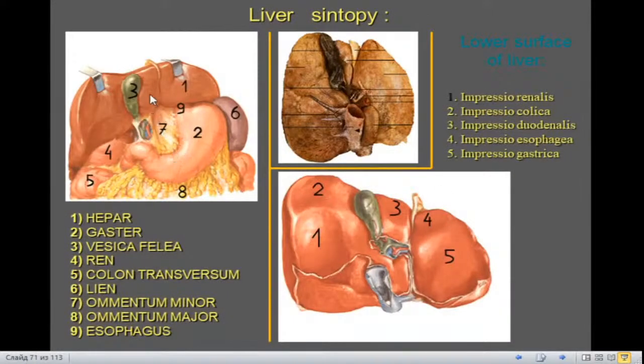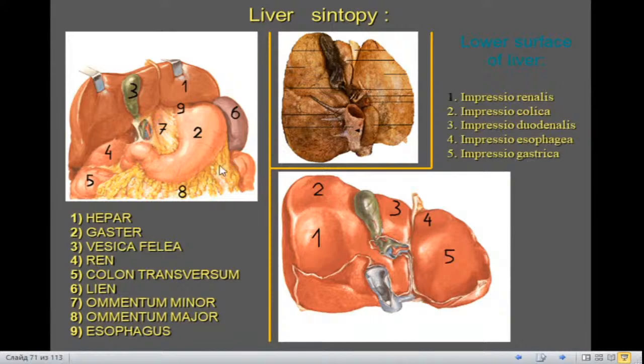This ligamentum hepatogastricum and hepatoduodenale both form the lesser omentum. What is the lesser omentum? Two layers of peritoneum are folded together. Inside is much fatty tissue, lymphatic nodes, and then vessels. And this altogether is called the lesser omentum.